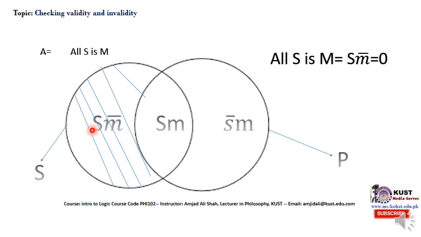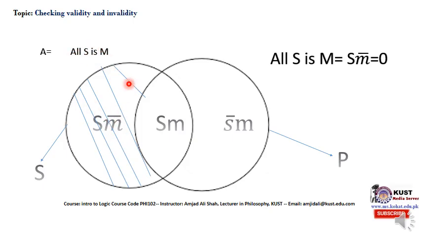Suppose I say all sportsmen are musicians. This is the class of sportsmen who are not musicians. This is the class of sportsmen who are musicians as well. These are only musicians, but not sportsmen. Now we will have to shade this area, because our proposition says that all the members of the class of sportsmen should be included in the class of musicians.